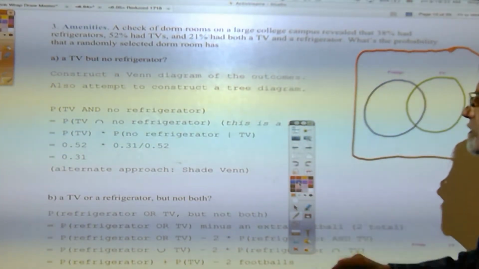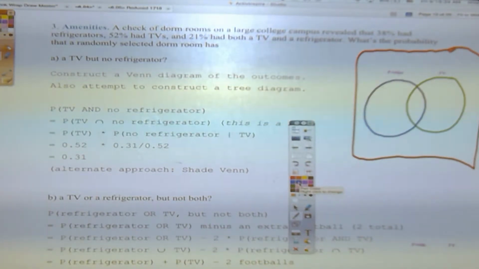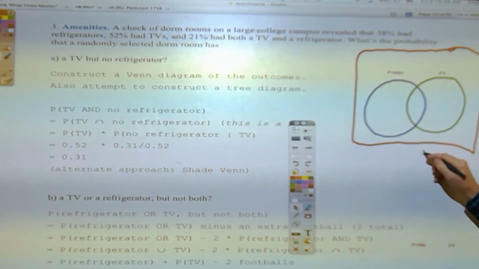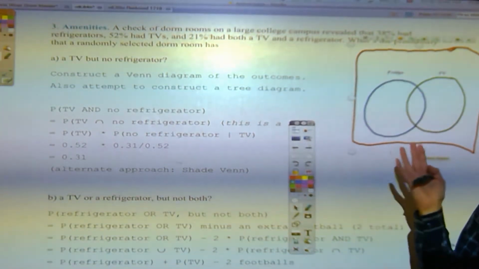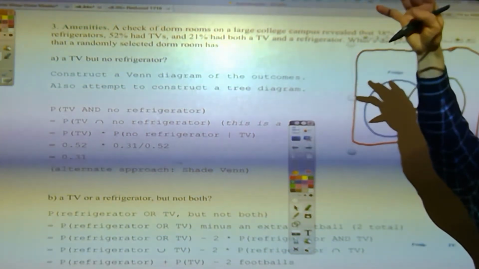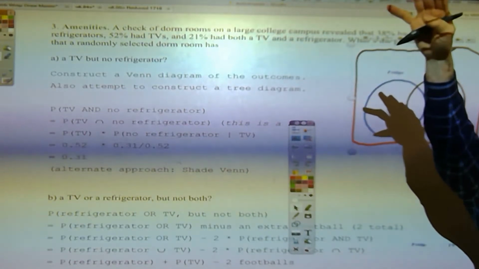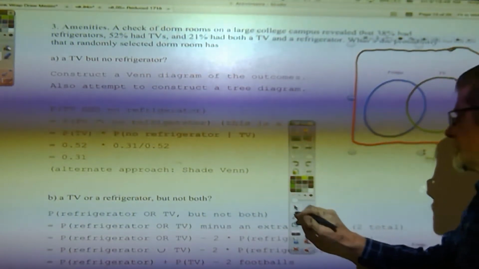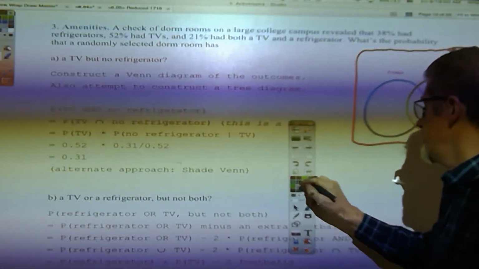Some of you may be wondering, why are we using a Venn diagram and not a two-way table? How many of you are saying, you know what, I actually prefer two-way tables to Venn diagrams? Is anyone in the I-prefer-two-way-tables category? Tell you what, let's just do them both. Let's master both. I want to show you how you would set it up in a two-way table.